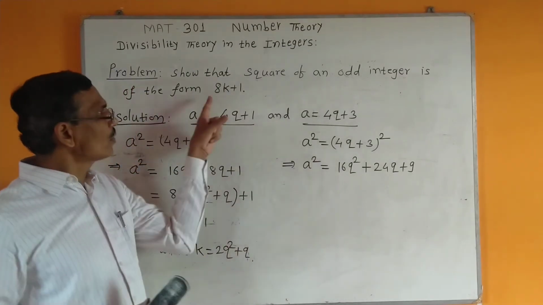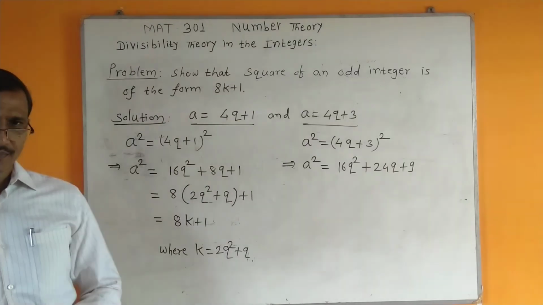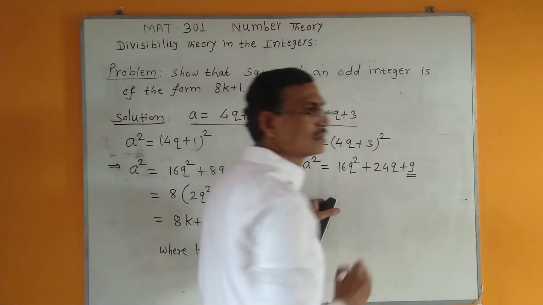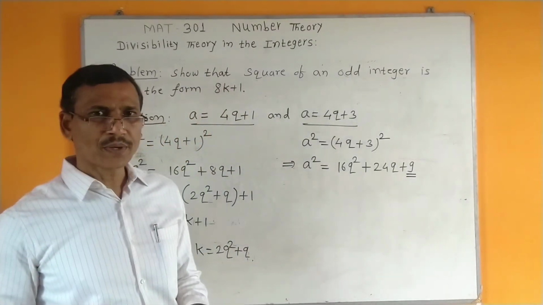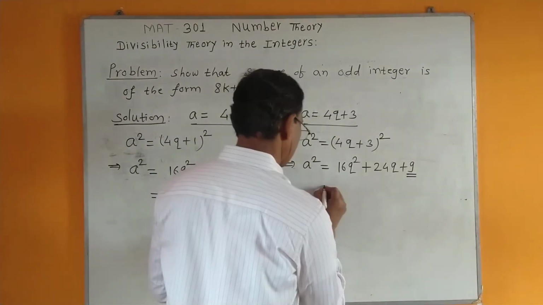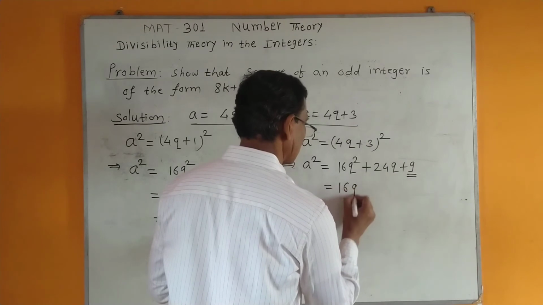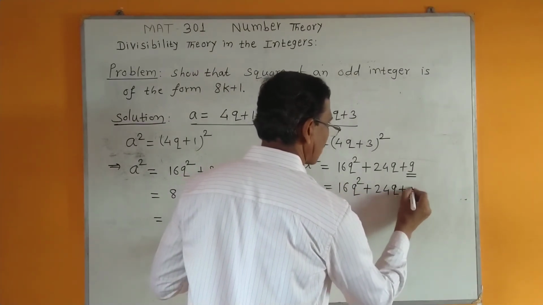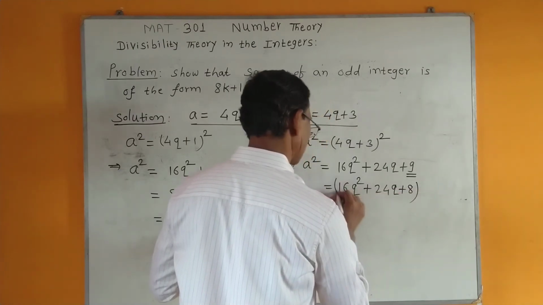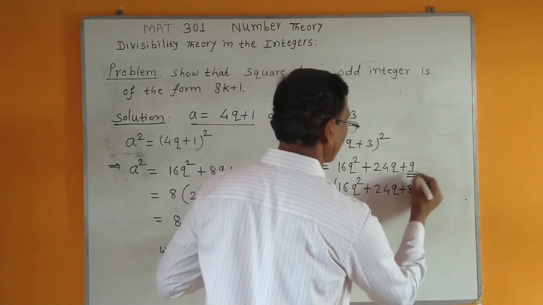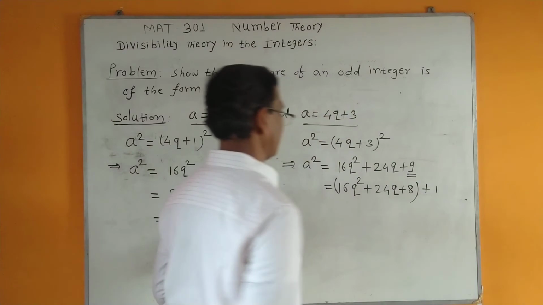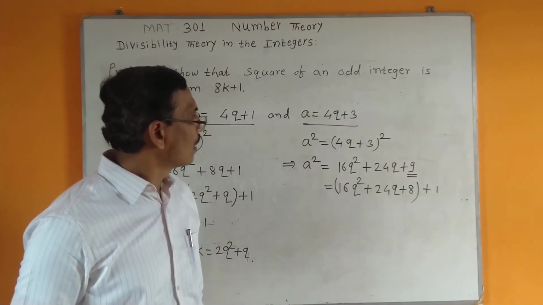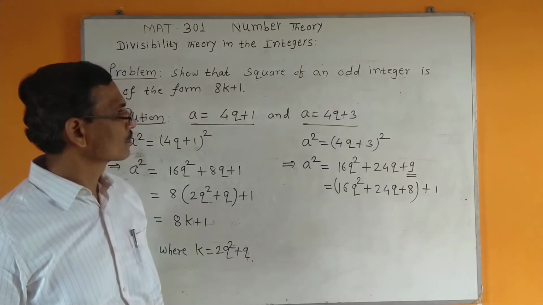Now as we want to take 8 common, the last term 9 can be written as 8 plus 1, and I am writing this as 16q square plus 24q plus 8. Take this in one bracket and what remains? Plus 1. That means a square is written in this form.